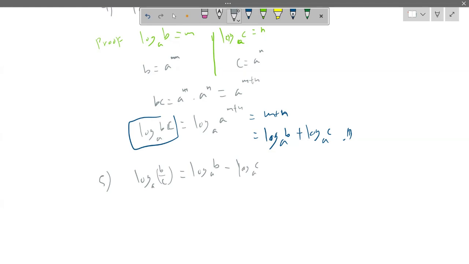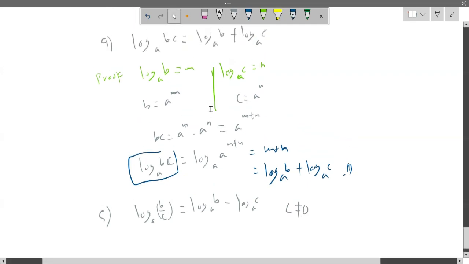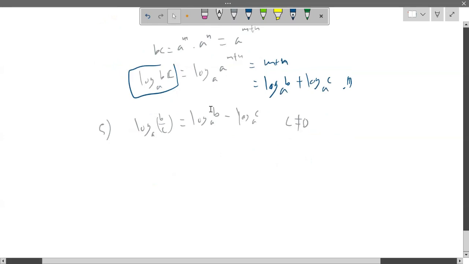You can prove it in a very similar way, but instead of multiplying, you will have to divide B by C. Now, obviously, this only holds when the argument is defined. So, say C is not equal to 0, goes without saying. All right.